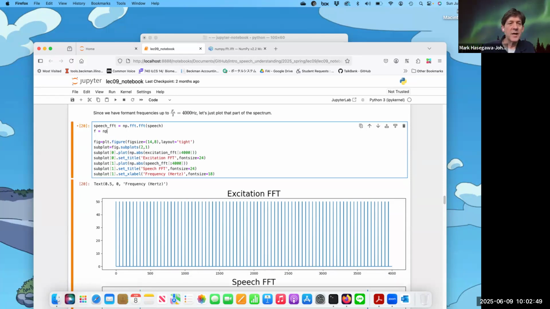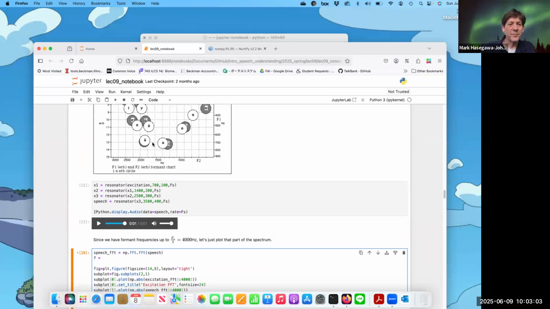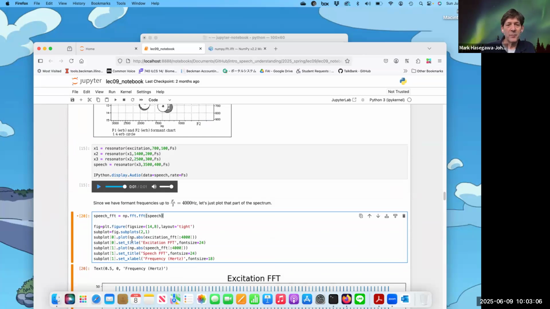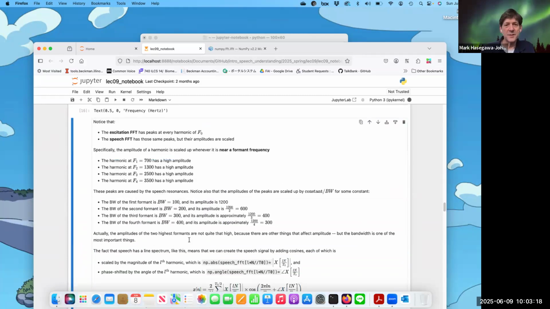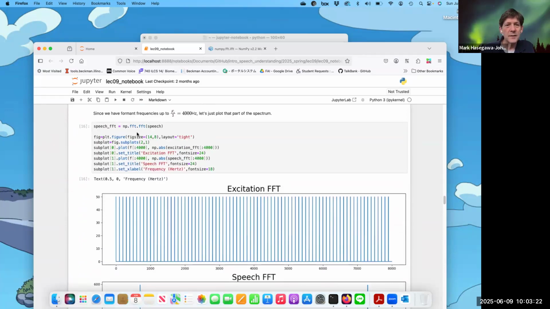F is equal to n. Let's see. Am I taking an FFT with a sample length of 8000 or 4000? I forget how long f is. Let me just try f up to 4000 and see if that works. Nope, that didn't work.